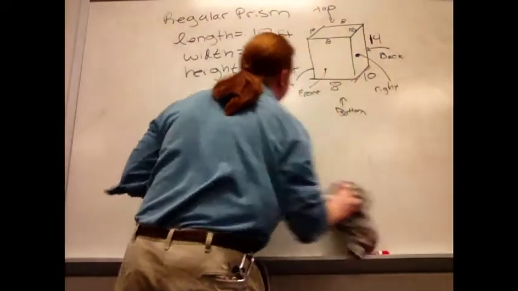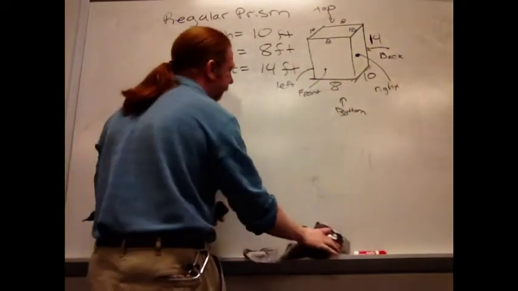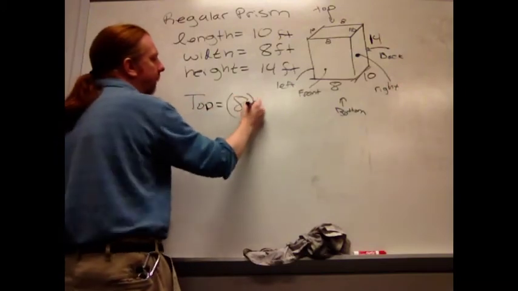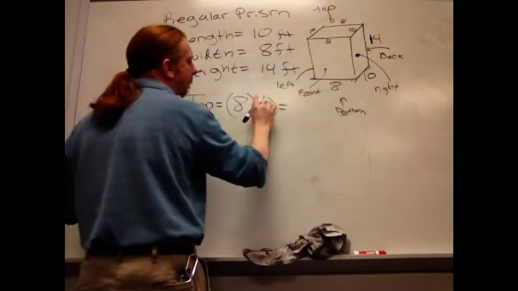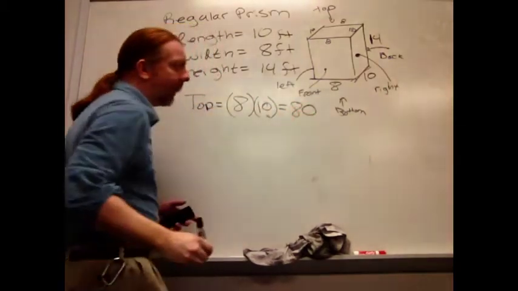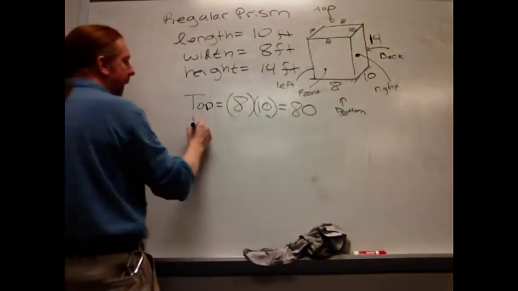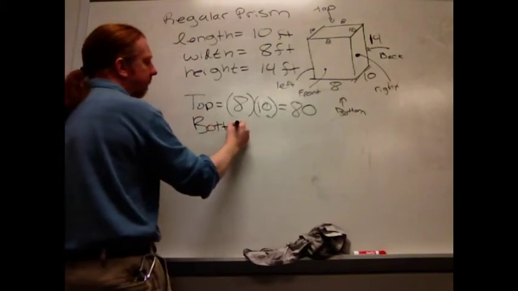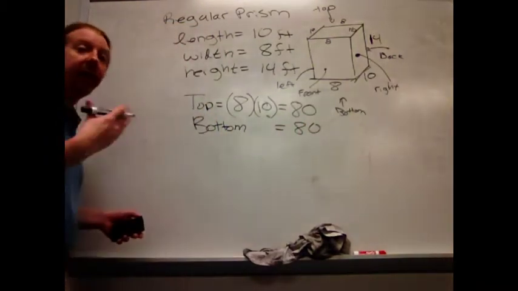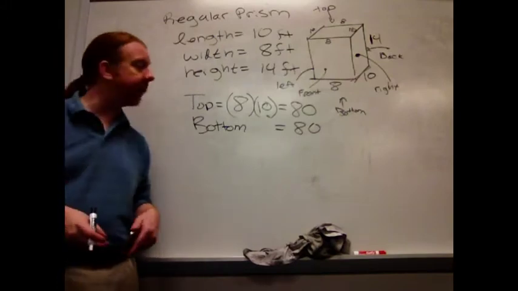So the top is 8 by 10, or 80. Bottom has the same dimensions, so it has the same area, also still 80.